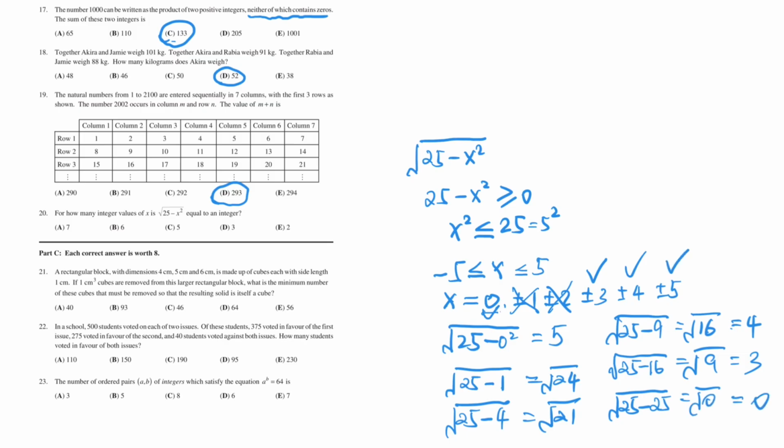It also works. So the total is 0, positive and negative 3, positive and negative 4, positive and negative 5, total 7 values of x. So for number 20, the answer is A.